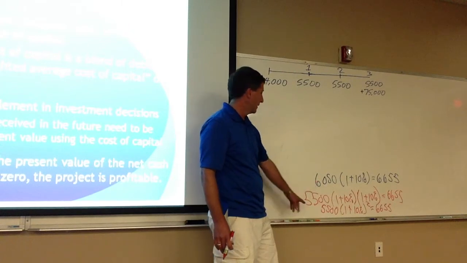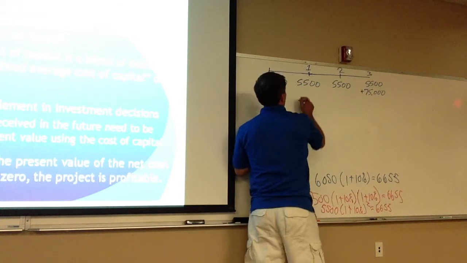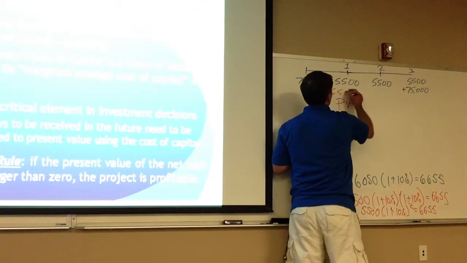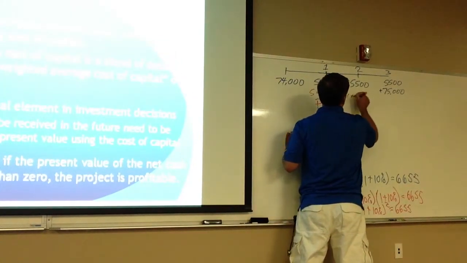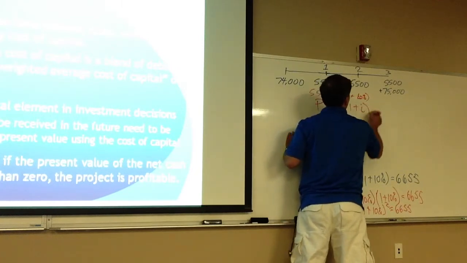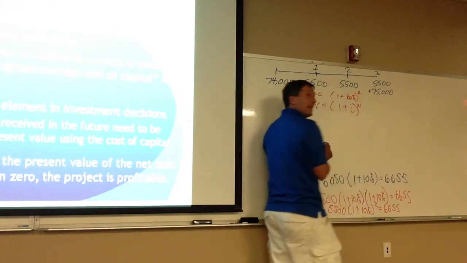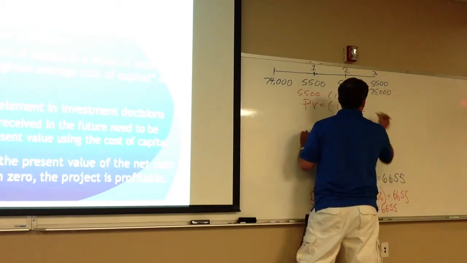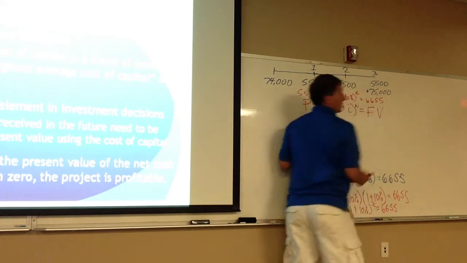So notice what we have here is we have the present value, right? So we got the present value, 5,500, equal to 1 plus the interest rate, the 10%, 1 plus i, raised to the 2 power, which in general would be the n power, the number of years, and that all equals the 6,655, which you guys already have written down, and that's our future value.